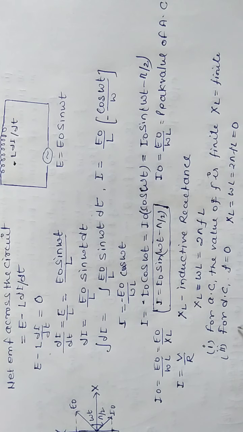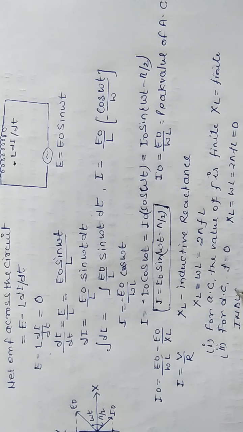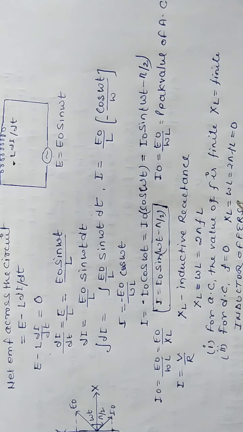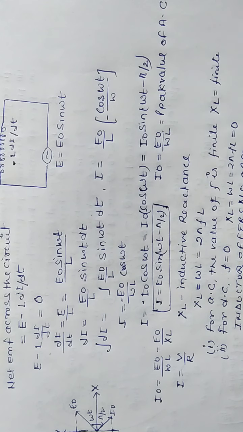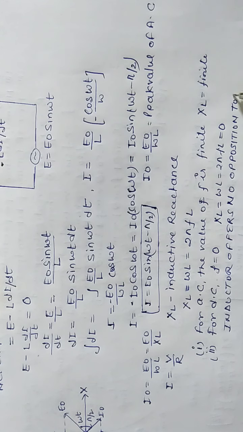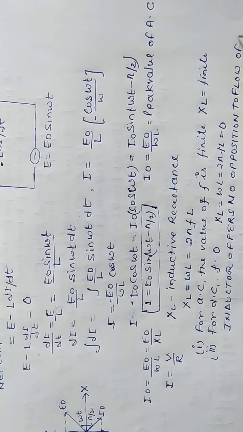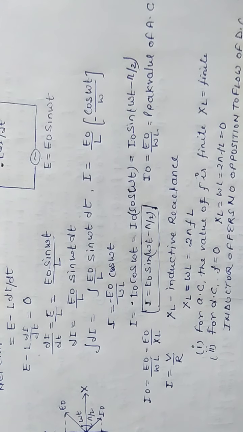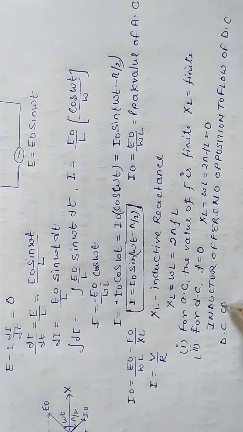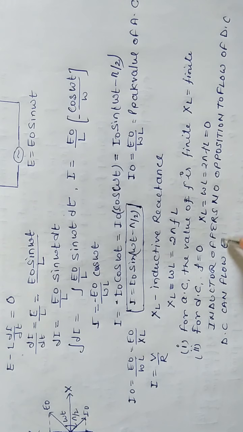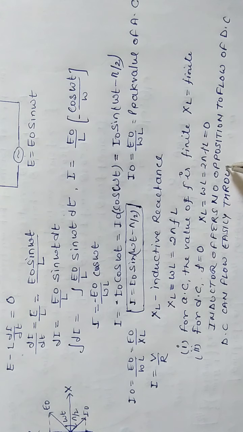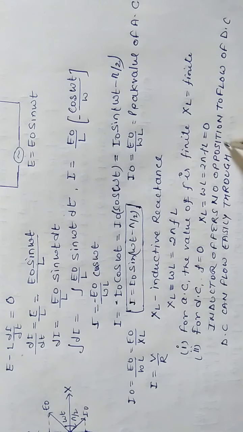It means that the inductor offers no opposition to the flow of DC, or DC can flow easily through an inductor.